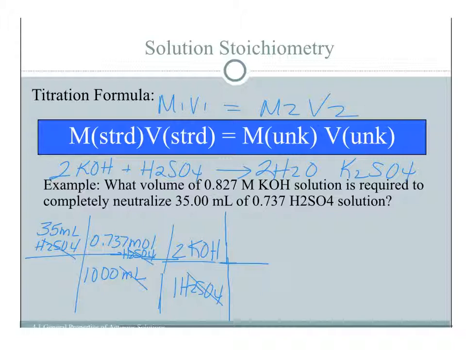So remember, this is moles of KOH, so 0.827 is going to go in the denominator, and that's per 1,000 milliliters. All right, so moles cancel, right? And when I get the math done on this, I am going to be left with 62.4 milliliters of KOH.